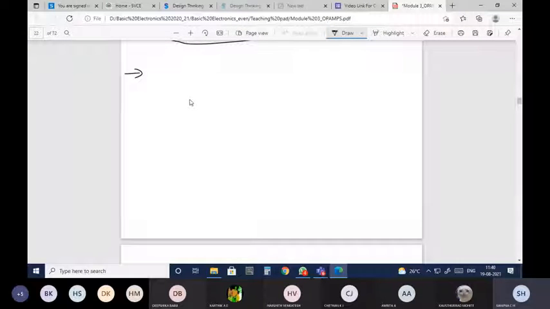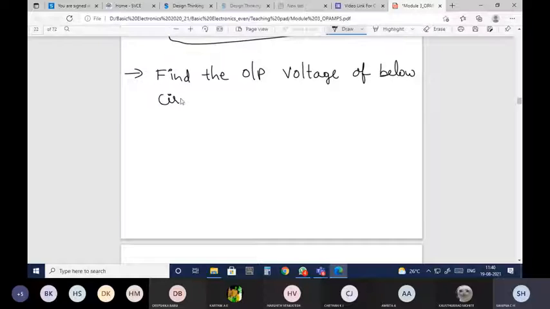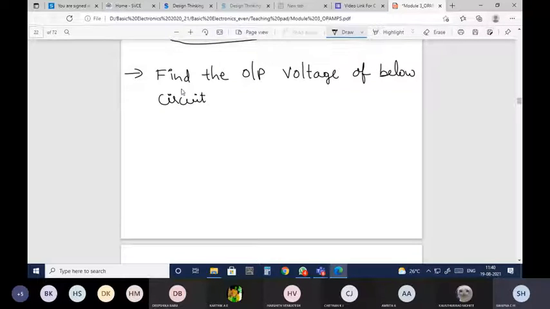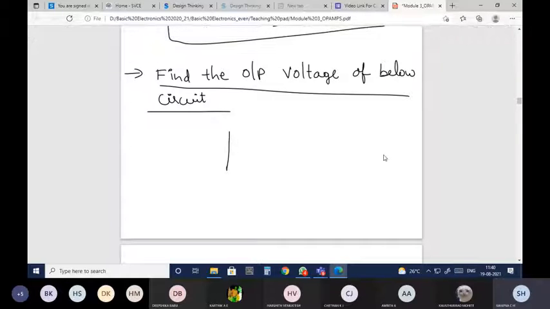I'll give you one question. Find the output voltage of the below circuit. This is the question, and here he has given the circuit like this, minus plus.